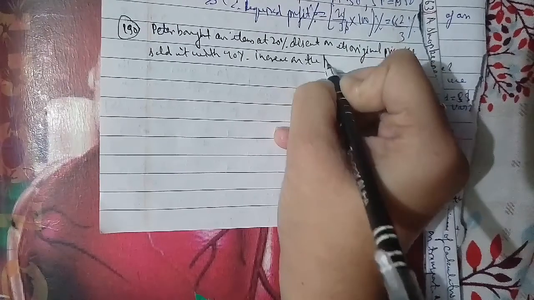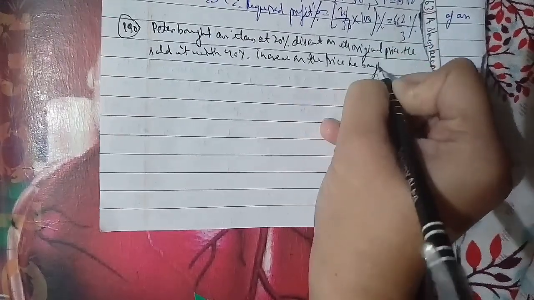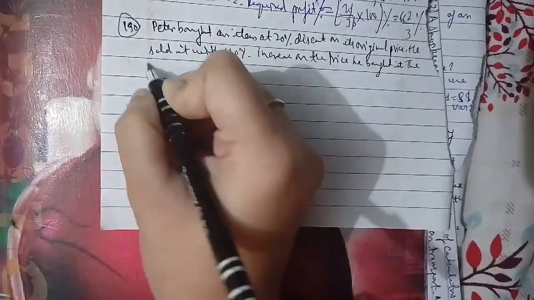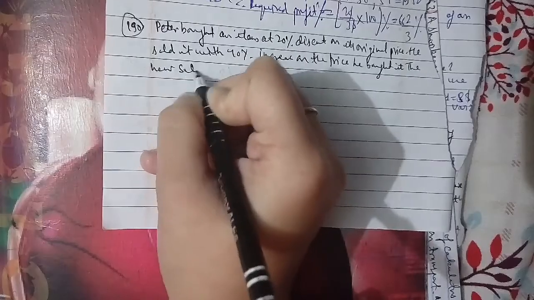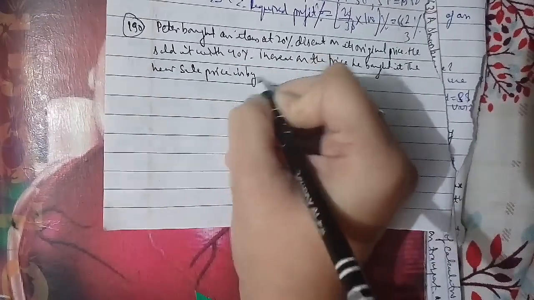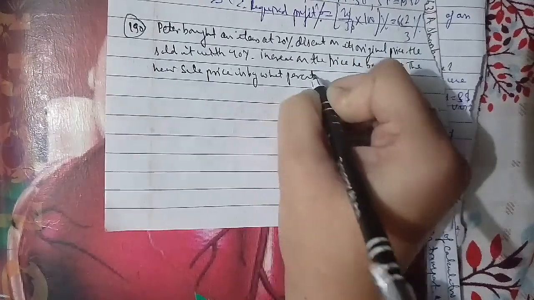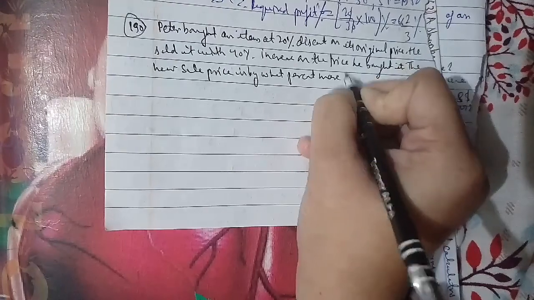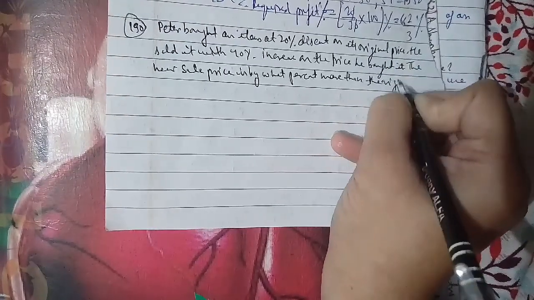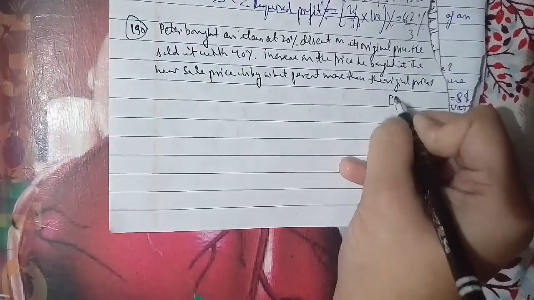The new sale price is by what percent more than the original price? This has been asked in the bank PO question paper. The options, as I told you, are 7.5, 8, 10, 12, none of these.